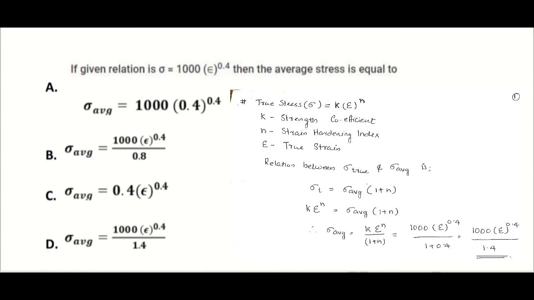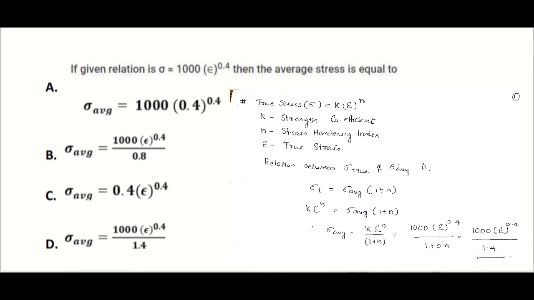The relation between true stress and average stress is: true stress equals average stress into (1 plus n). We know that true stress is equal to K epsilon raised to n, which will be equal to sigma average into (1 plus n).